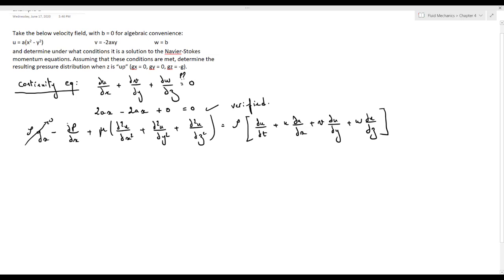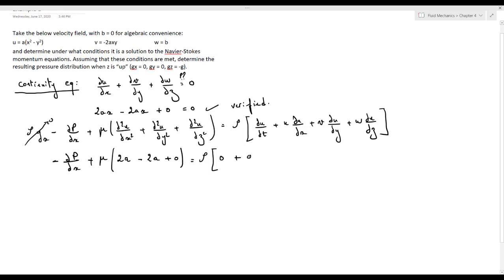Since gx is equal to 0, then the term rho gx will vanish, so we'll obtain minus del p over del x plus mu. The second derivative of u with respect to x is 2a, and the second derivative of u with respect to y is minus 2a, and u is independent of z, so the second derivative with respect to z is equal to 0.